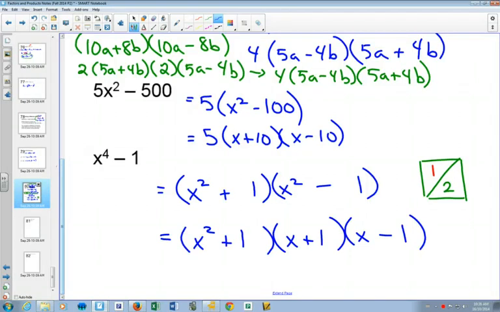If I wanted to be really nasty on a test, I could go x to the 256 minus 1. Because then you'd have x to the 128 minus 1, x to the 128 plus 1. And then the x to the 128 minus 1 could be done to x to the 64 minus 1 and x to the 64 plus 1.